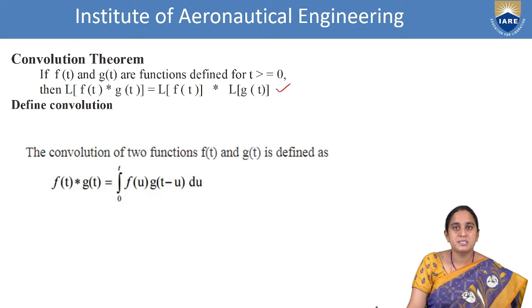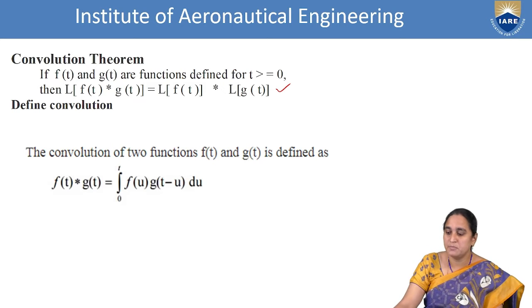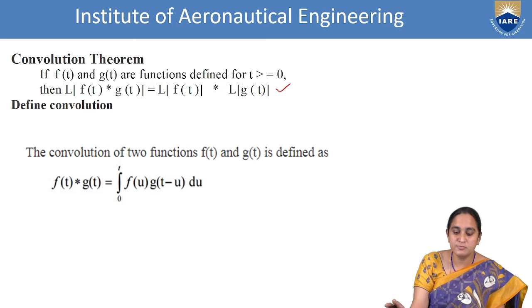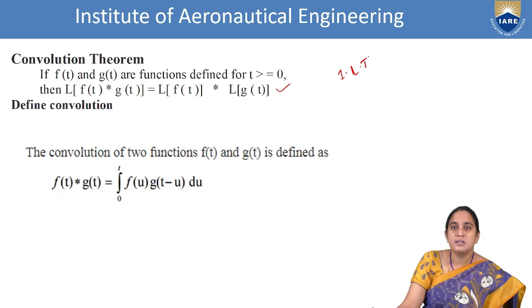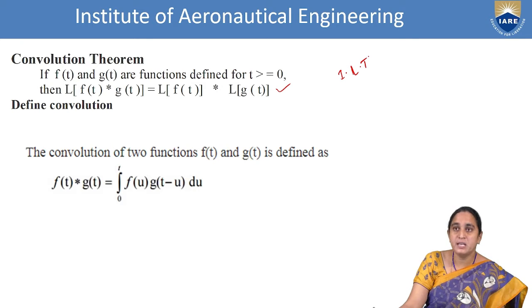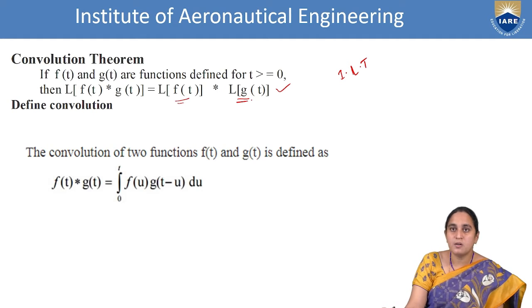Laplace of f of t star g of t is equal to Laplace of f of t times Laplace of g of t. What is the main use of the convolution theorem? Convolution is useful for obtaining the inverse Laplace transform of a product of two transforms, for solving ordinary differential equations.